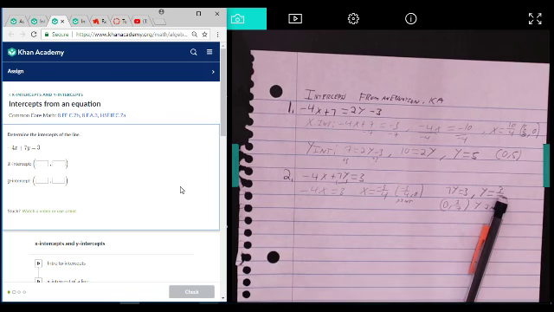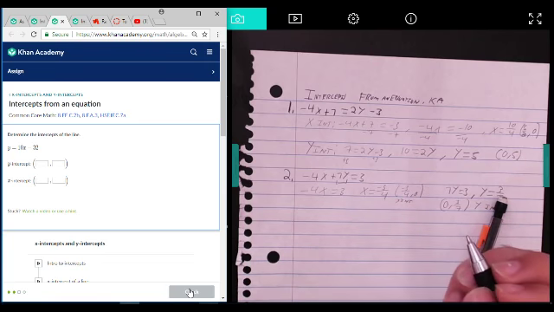So negative 3/4, 0 is the x-intercept and the y-intercept is going to be 0, 3/7. Alright, so let's check that. Great.